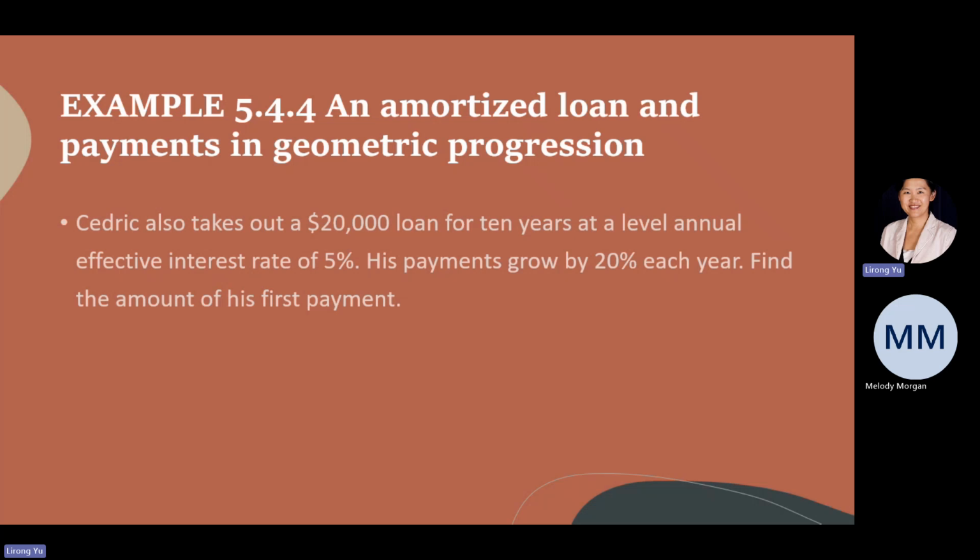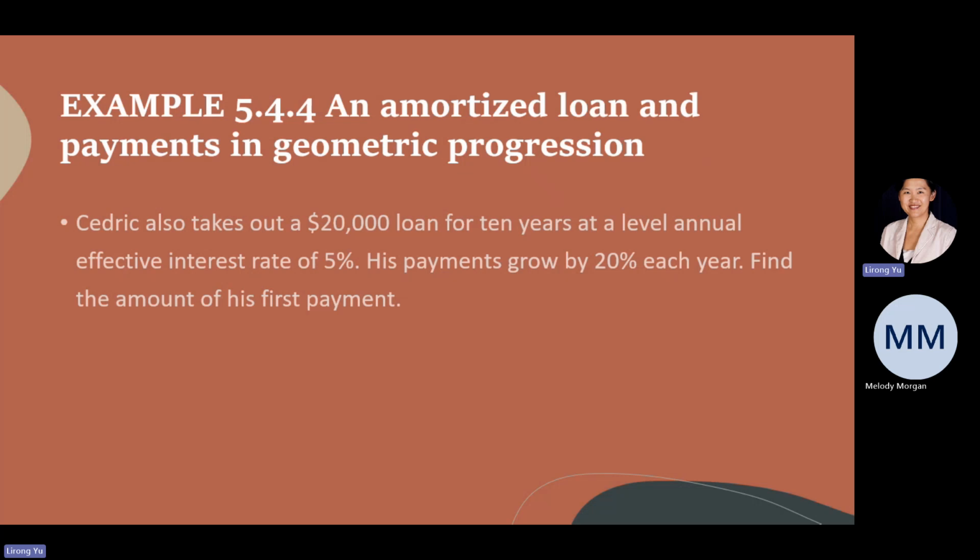We see level, meaning the interest rate does not change, it will always be 5%. His payments grow by 20% each year. The question is to find the amount of the first payment. So we have the progression and the interest rate, and basically it will follow similarly to that one.